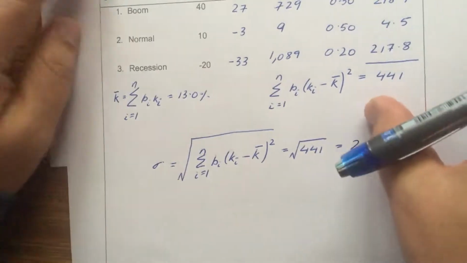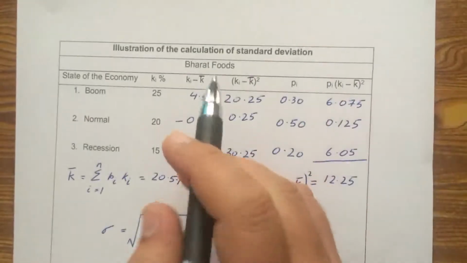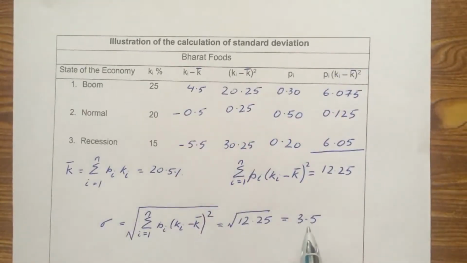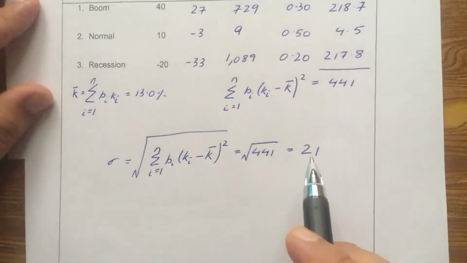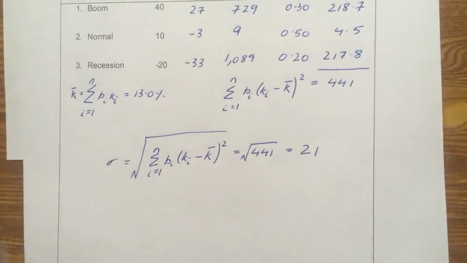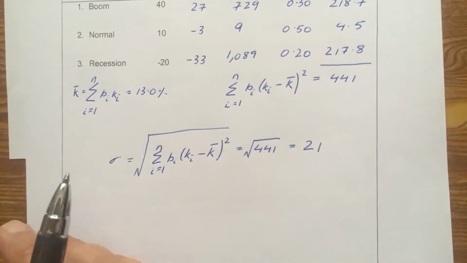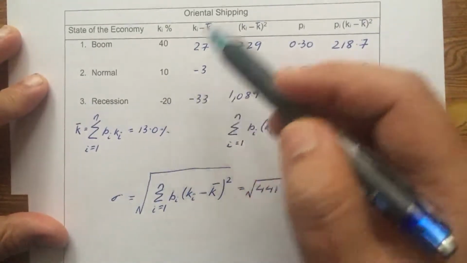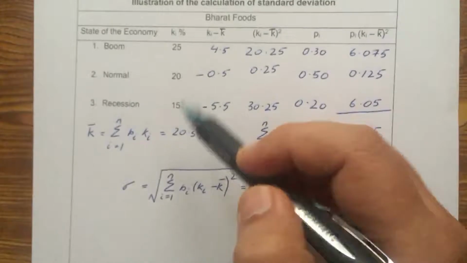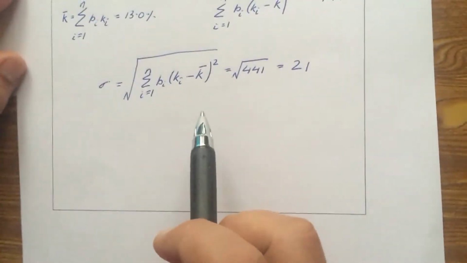All right, now if you compare these two, Bharat Foods with 3.5 standard deviation and Oriental Shipping with 21, which one do you think has more risk? Obviously Oriental Shipping, because if you look at the returns itself, they're so volatile compared to Bharat Food. All right, so this is how you find the standard deviation.